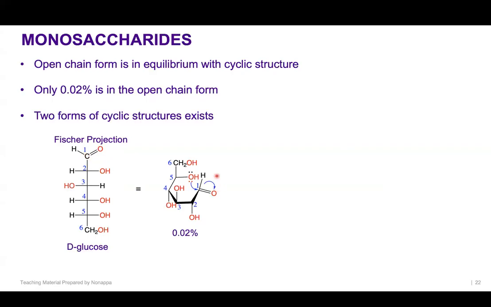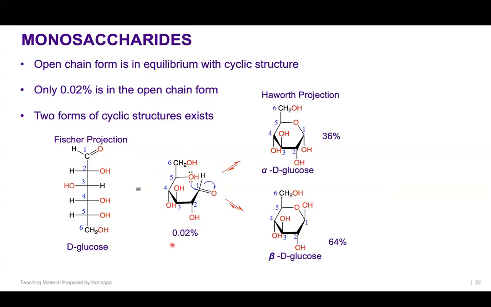So this is still open chain, right? It is present at 0.02%. Then if you write the Haworth structure, you will end up having these 2 forms. The hydroxyl group can be at the bottom, or the hydroxyl group can be at the top. This form is called alpha, this form is called beta.